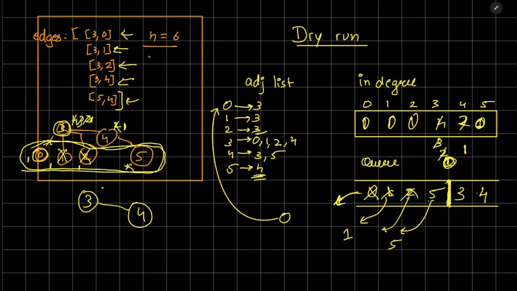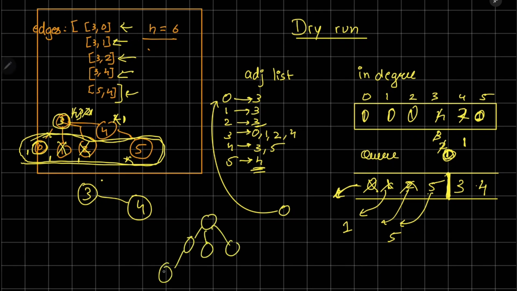So what happens is, for any graph, when you remove its lowest level nodes, that is the leaf nodes, the degree of all of its neighbors will be decreased by 1, so some of them will become leaf nodes, and then they will be pushed into the queue for the next phase.